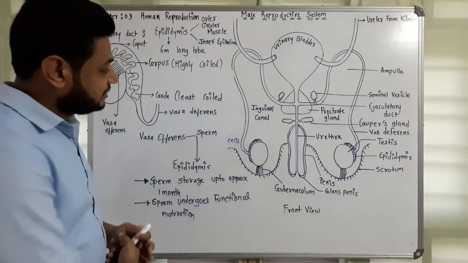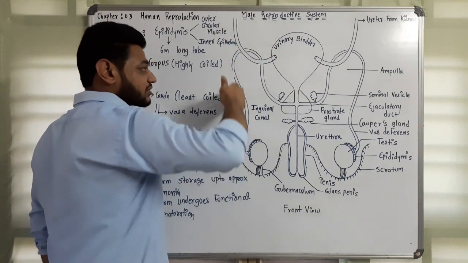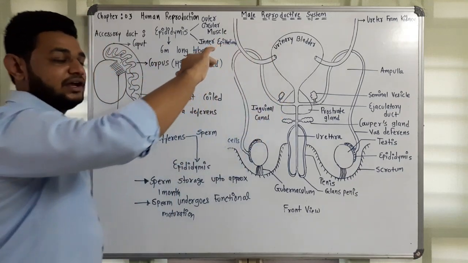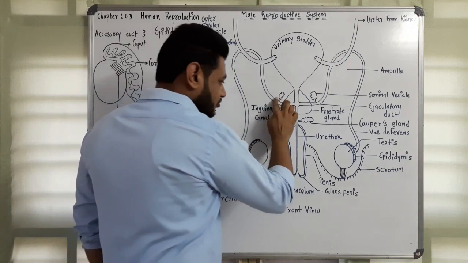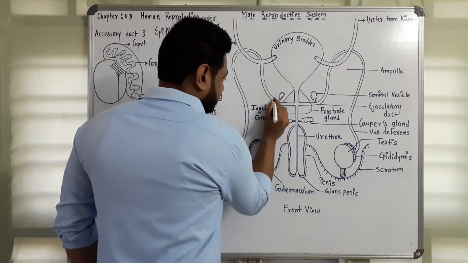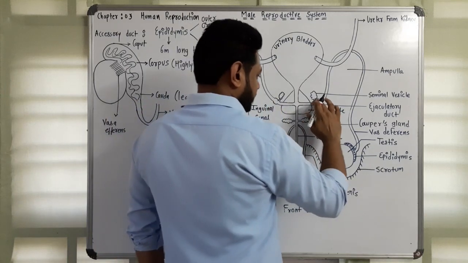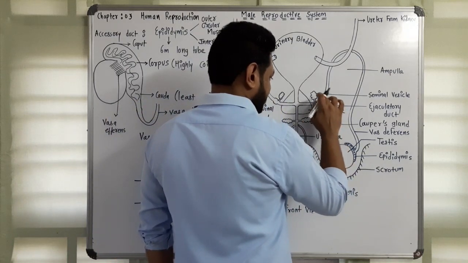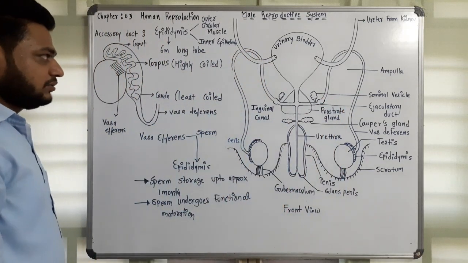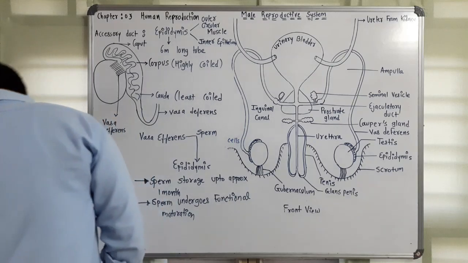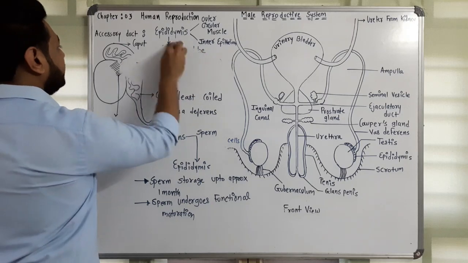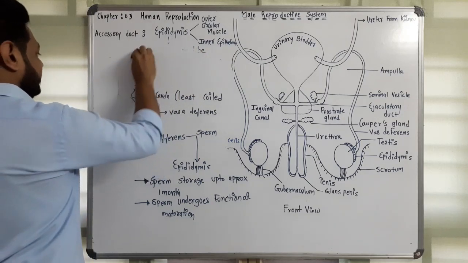It goes up, passing through the inguinal canal to the abdominal cavity where it loops, and then it dilates. At both places it is dilated, and that part is referred to as the ampullary region. First let me clean this, and then we will see the vasa deferens.